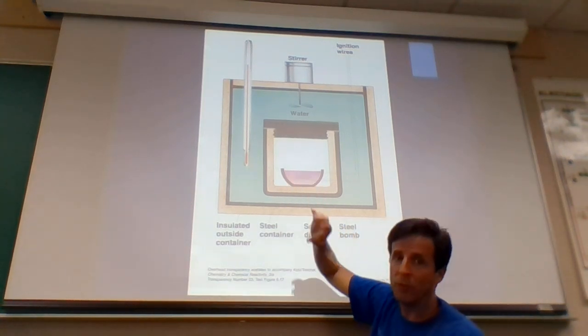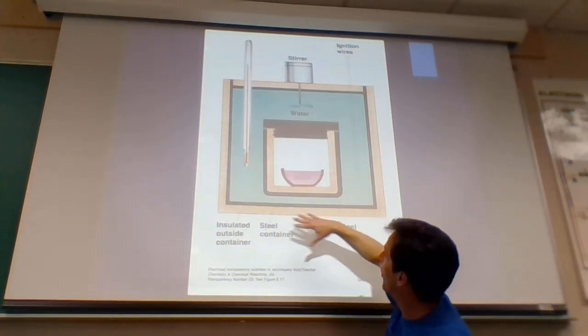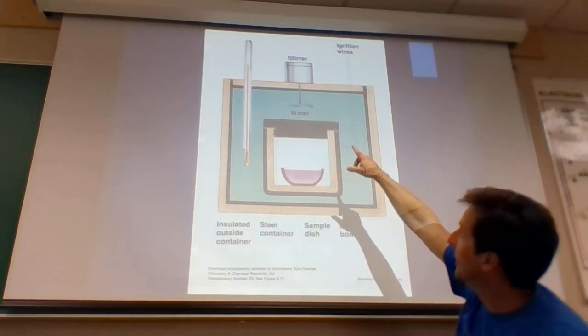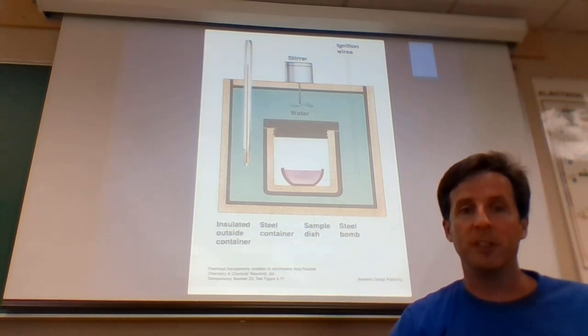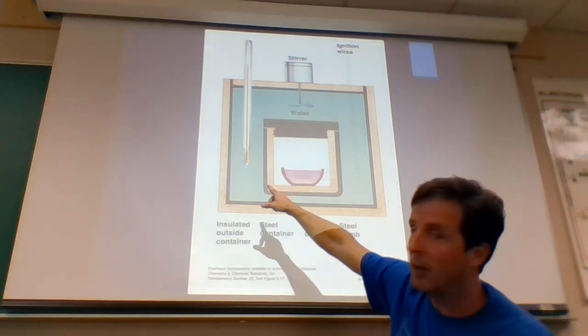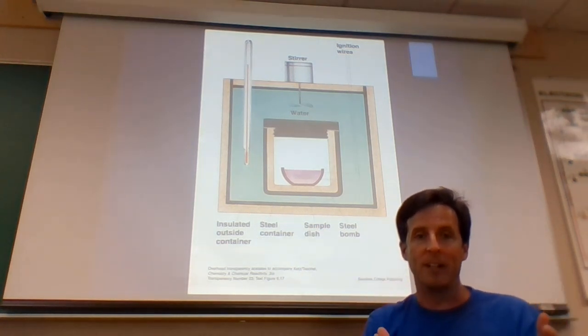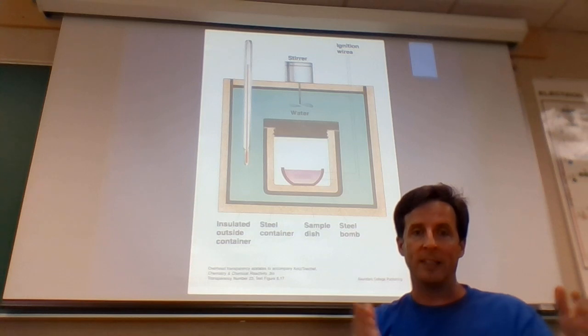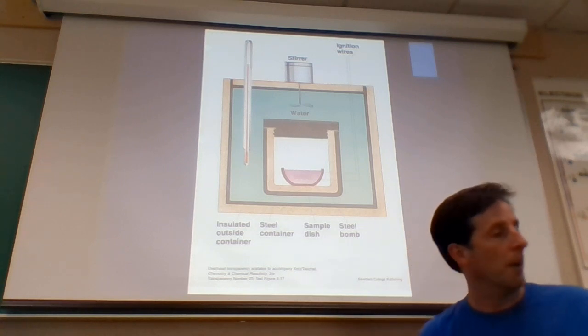The heat that's released by the reaction, if it's exothermic, can go into the solution that's around it. They even have a fan up there to make sure that all the water is moving and the temperature stays evenly distributed. And then we have a thermometer to measure the temperature. It's an insulated container so that hopefully no heat gets in or out of the container. So it's basically like a real fancy cooler to do the reaction on the inside.